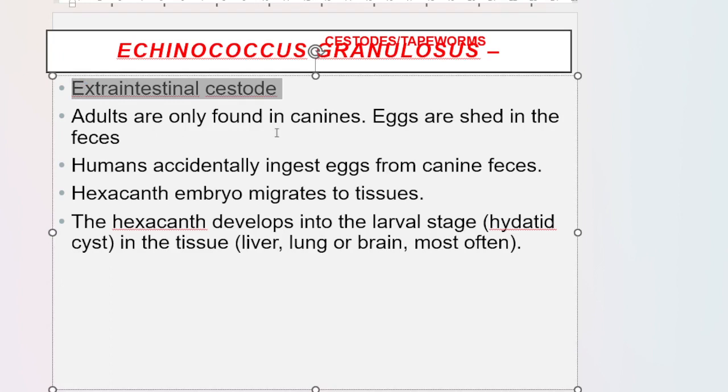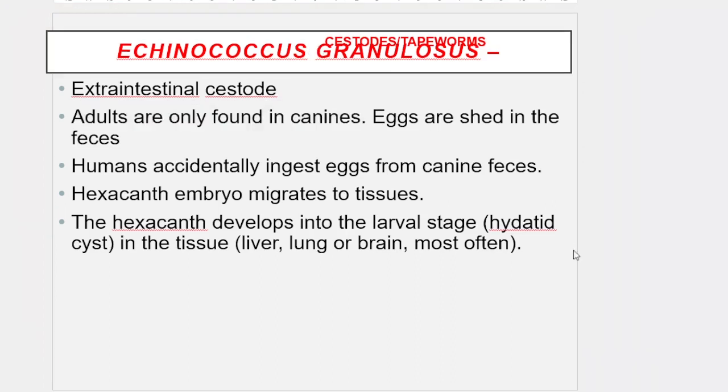Adults are only found in canines. Eggs are shed in the feces, which means that we do not have Echinococcus granulosus adult worm inside of us. Okay?